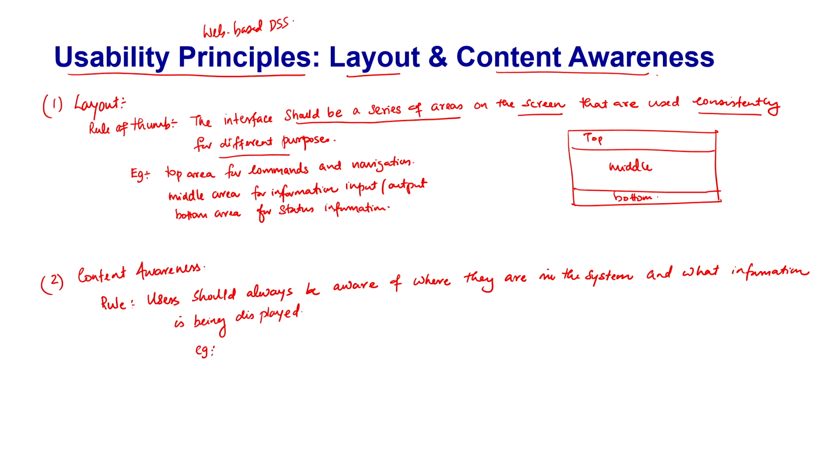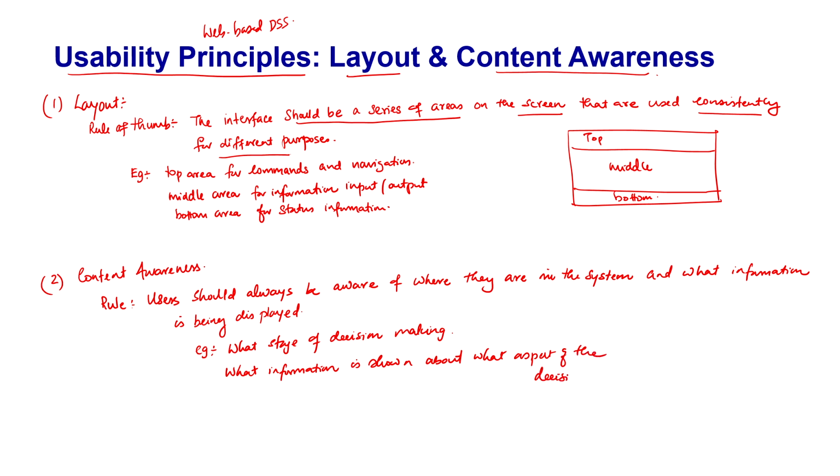For example, what stage of decision making, what information is shown about what aspect of the decision, etc. These are all parts of the usability aspect of content awareness.